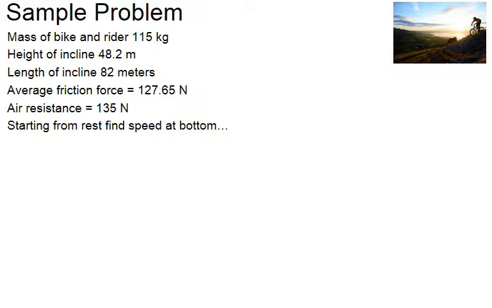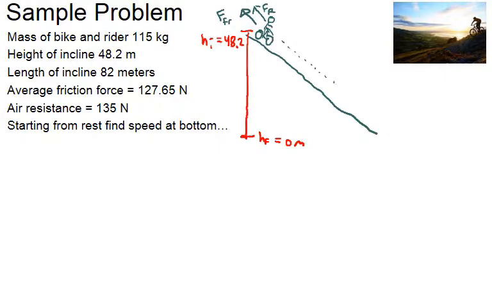And we want to find out the speed at the bottom. So we have the force of friction, the force of air resistance on the bike rider, and the bike height is 48.2 meters. So go ahead and calculate the speed at the bottom. You're going to have to add both frictional forces together for your non-conservative work, and then you can solve it from there. So go ahead and pause the clip, and you can try that.